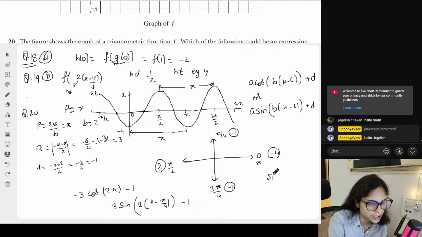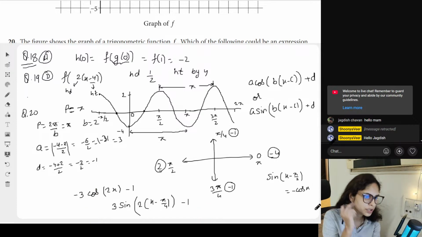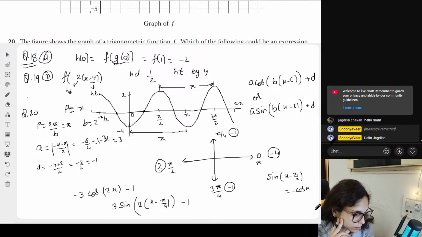Why so? Because sine of x minus pi over 2 should be negative cosine x.